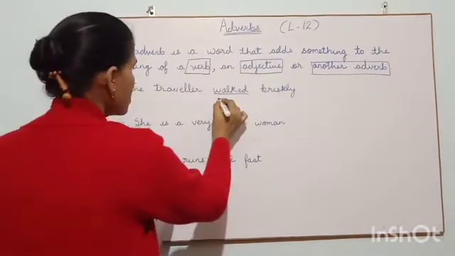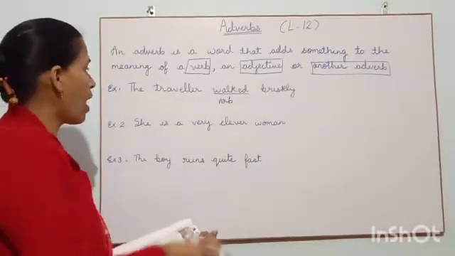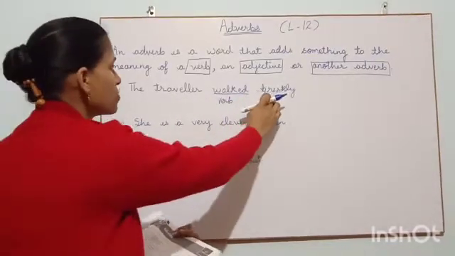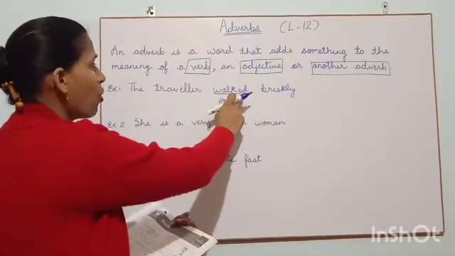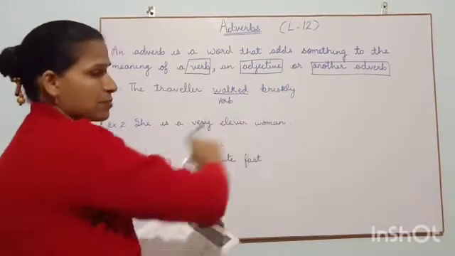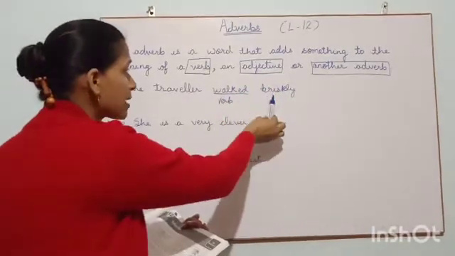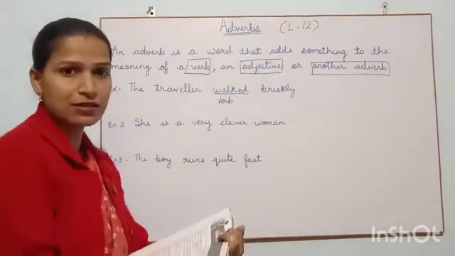So, we will write this: it is a verb. Now, what is this word briskly telling you about the verb? That how he walked, the manner. He walked briskly means quick steps. So this briskly is defining the way the person has walked.